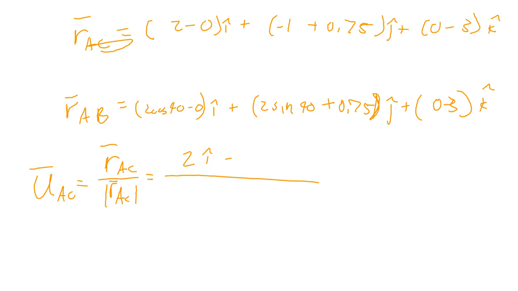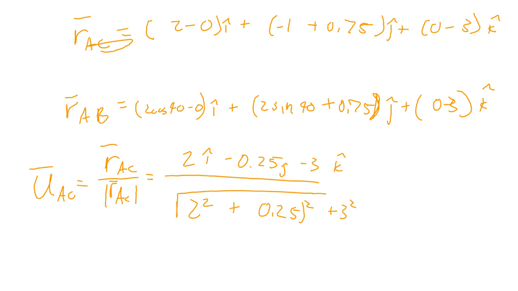That's right, that's minus 0.25. And that's 30. Divided by the square root, so it's each one of those squared. Okay. So once we have each one of those squared, we basically then have our unit vector for AC.